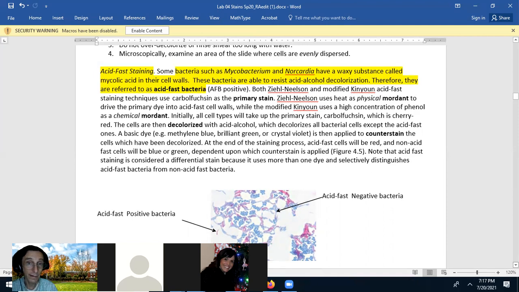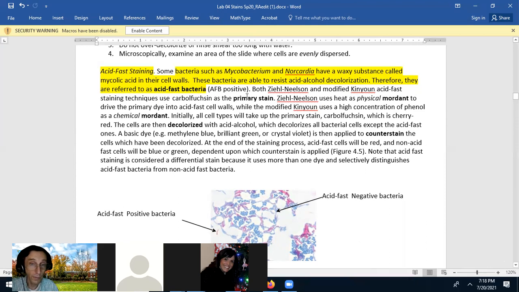But these cells are resistant to that, and so they'll stain with an acid-fast stain and retain that stain, whereas other bacteria will lose that stain. And these bacteria we call acid-fast bacteria.